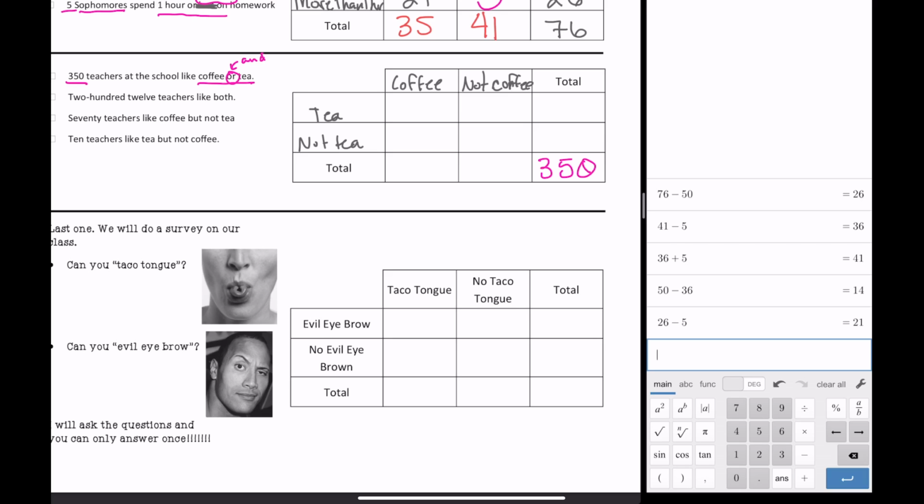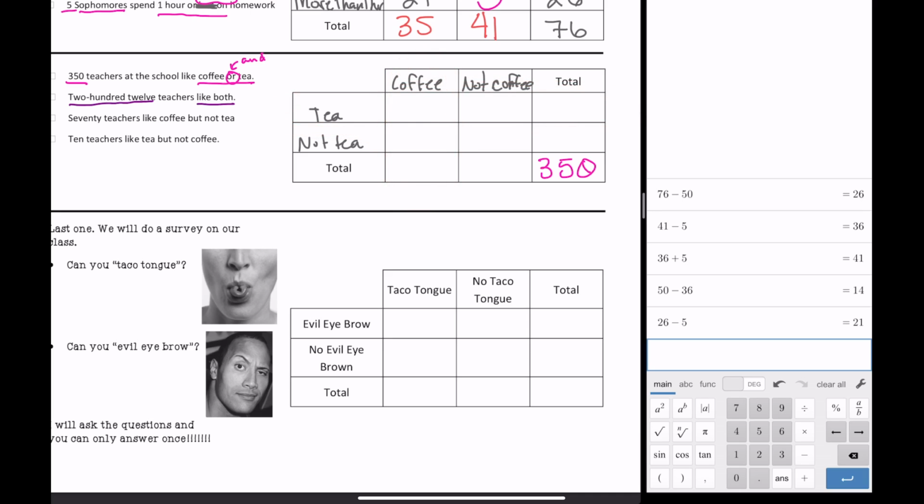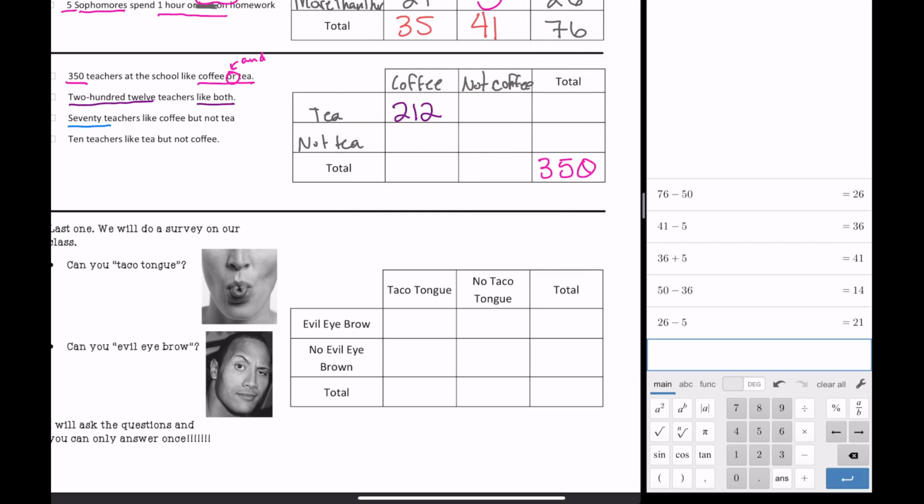All right, so now we have 212 teachers like both. So we're looking for where they like both coffee and tea. So that's going to be the top left corner of our joint frequency. Next up, we have 70 teachers like coffee but not tea.